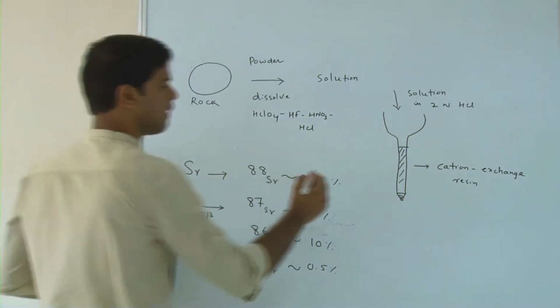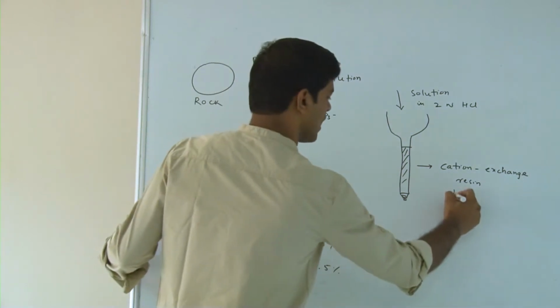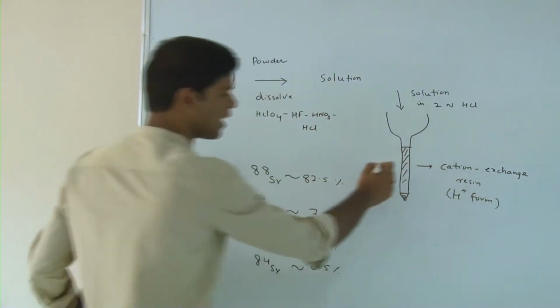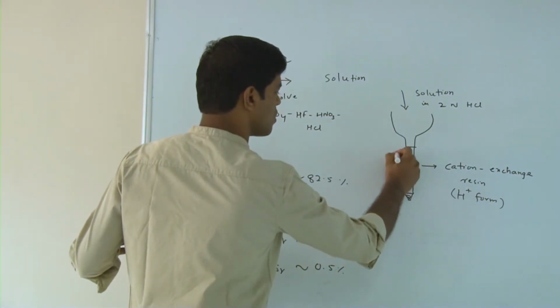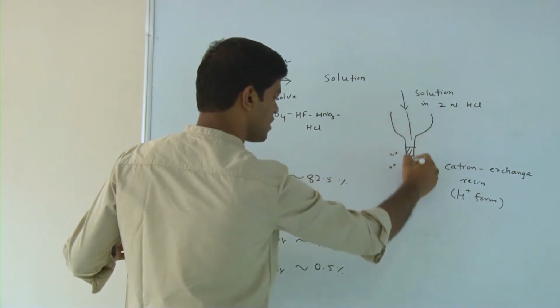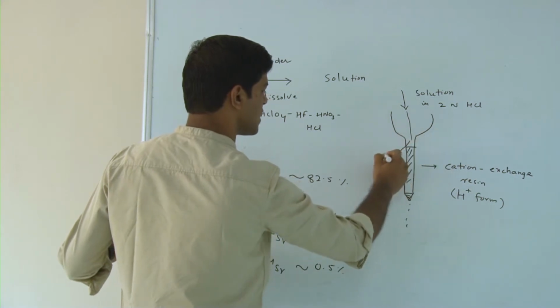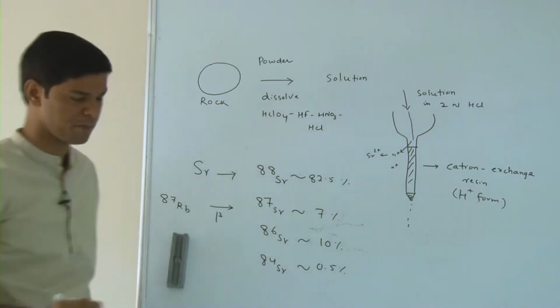what basically will happen is this cation exchange resin is often in the H plus form. So, there are labile H plus ions lying here, and when the solution passes through this, the cations in the solution will replace this H plus and be retained.